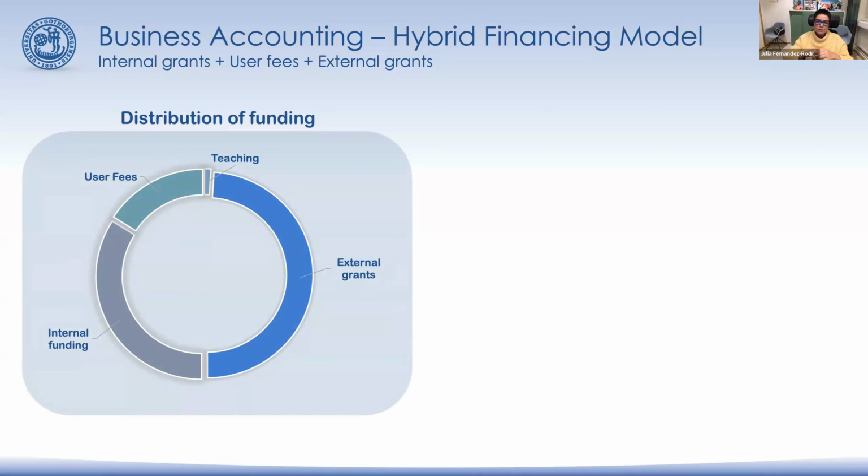If I show how the money comes into the facility, we have internal grants from our institution, in this case the Faculty of Medicine, the Sahlgrenska Academy. We get user fees, and we have external grants, and of course we get some money for teaching, and sometimes some extra money if we are part of or organizing certain events.